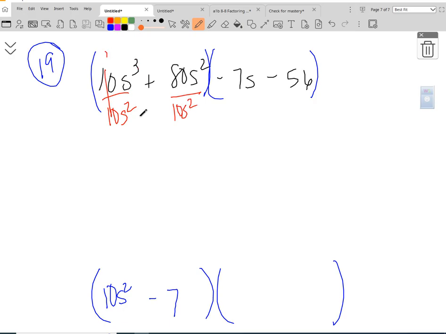What's s cubed divided by s squared? Yes. Because that's going to simplify to 1, that would simplify to 8. That's it.